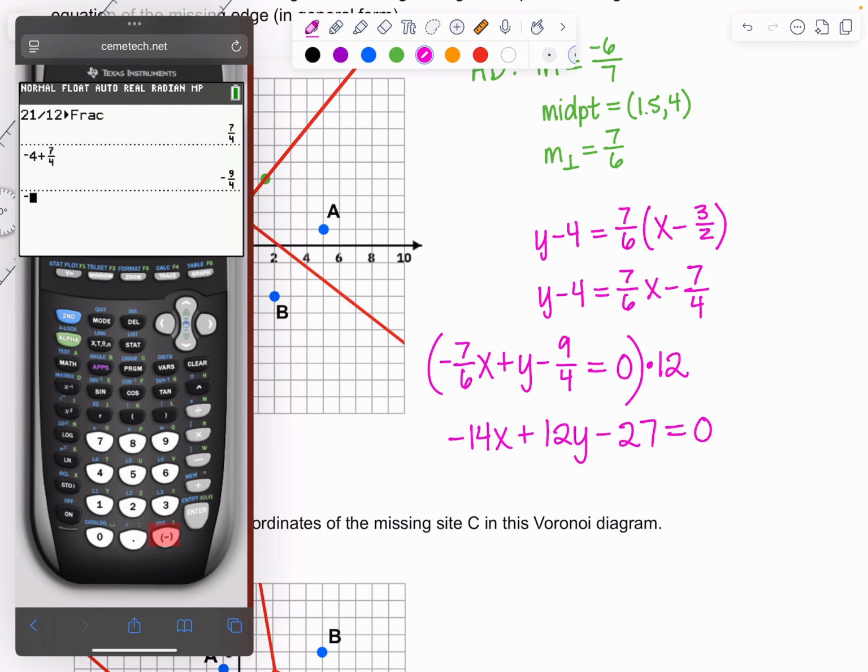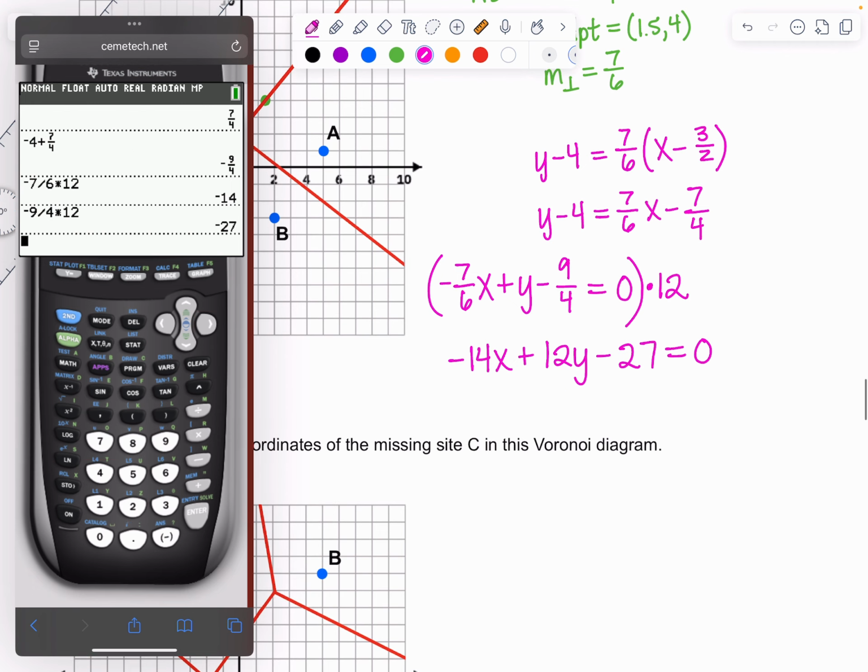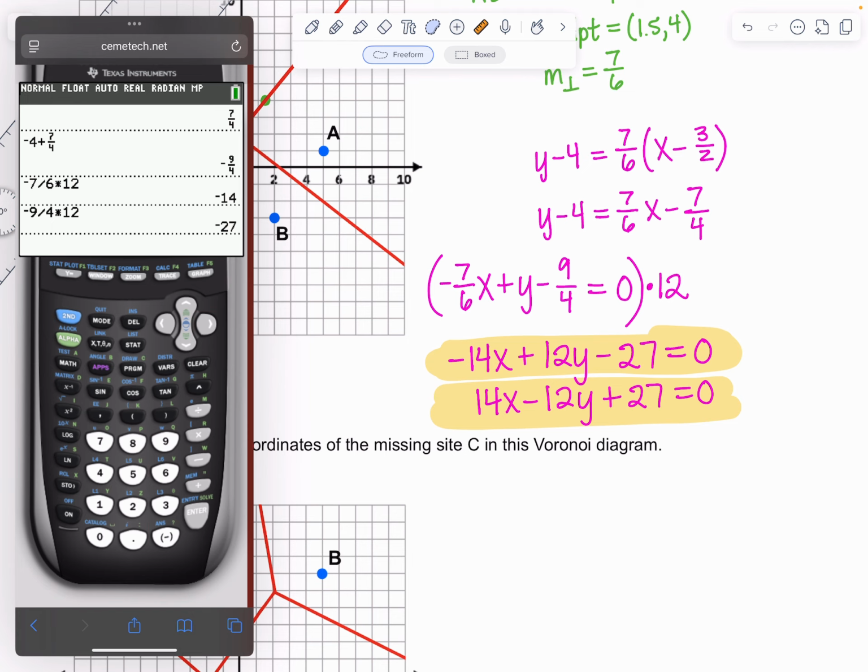And you could put that in the calculator. 7 over 6 times 12, negative 14. Negative 9 over 4 times 12 is negative 27. So you can write your equation in general form like this, or you can write it as a positive 14x minus 12y plus 27 is equal to 0. So either one would be correct. It's up to you how you write it. It doesn't matter. They're both saying the same thing.